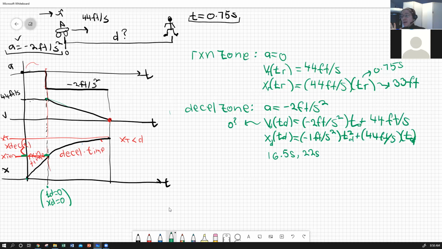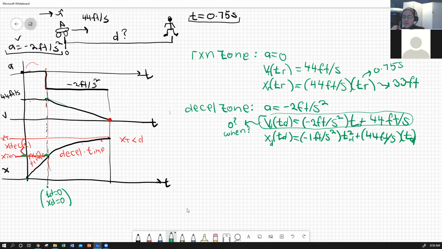More importantly, when does that equal 0? I'm sorry, it's 32. My bad. Yeah, 22. It's 22. So we solve this equation when it equals 0.